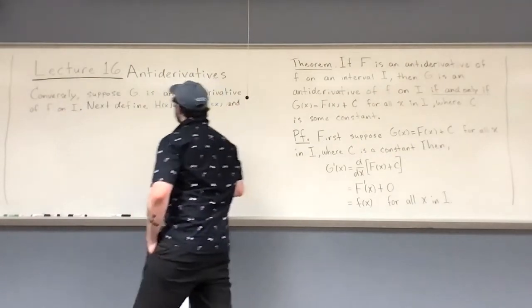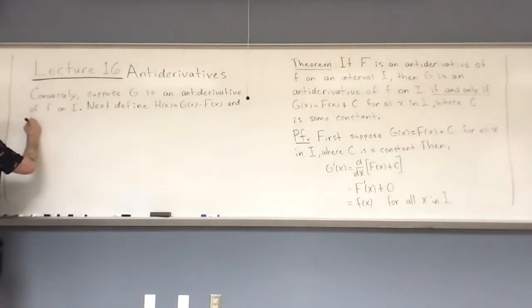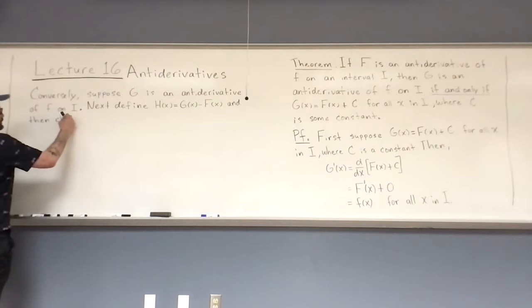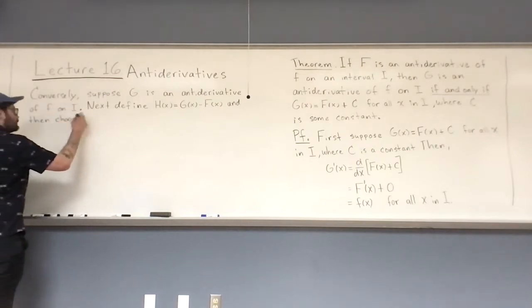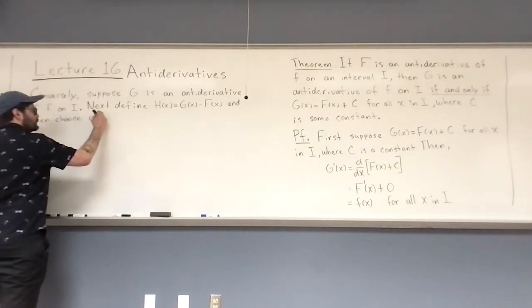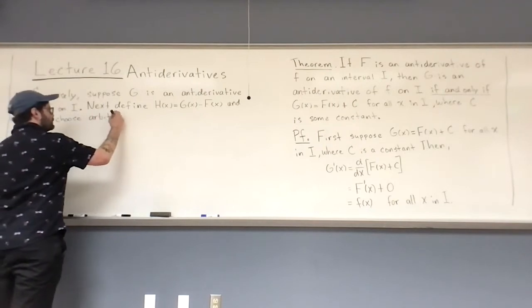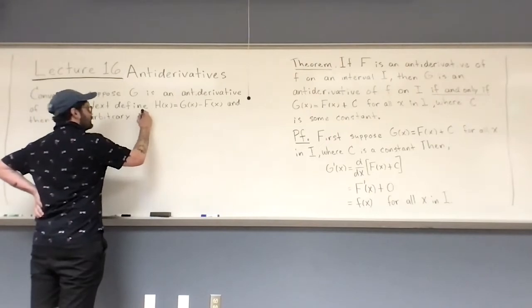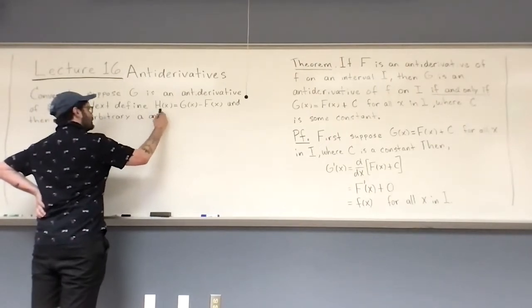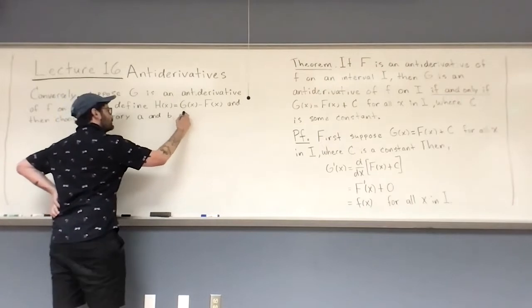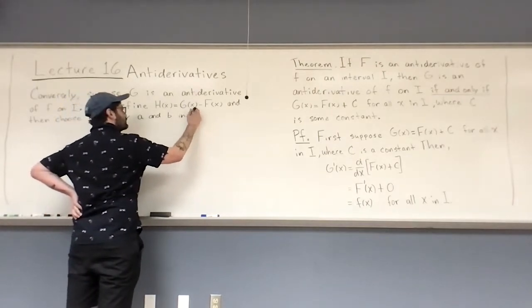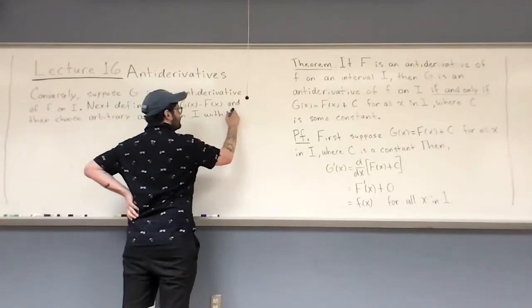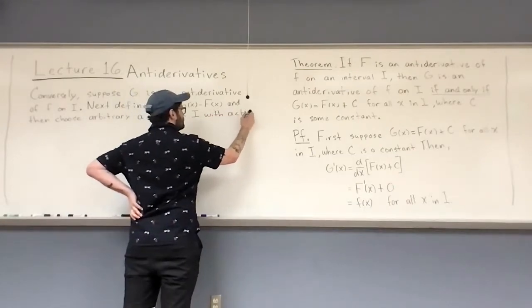So define that, and then choose arbitrary a and b in the interval I with a strictly less than b.